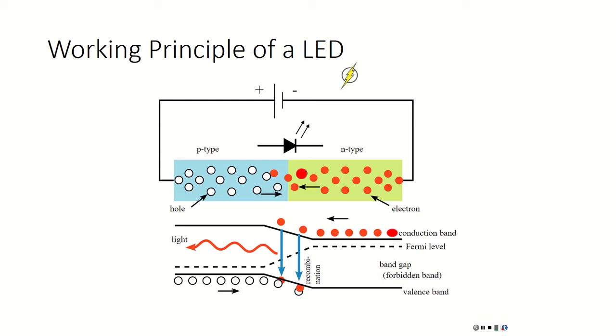Whenever you excite a material from the HOMO, the electron goes over to the LUMO, then recombines and relaxes back down, so we also get an emission of light.